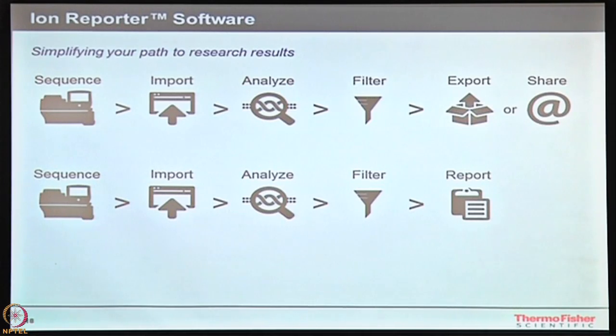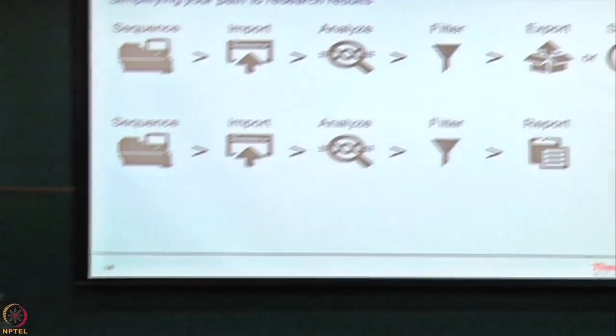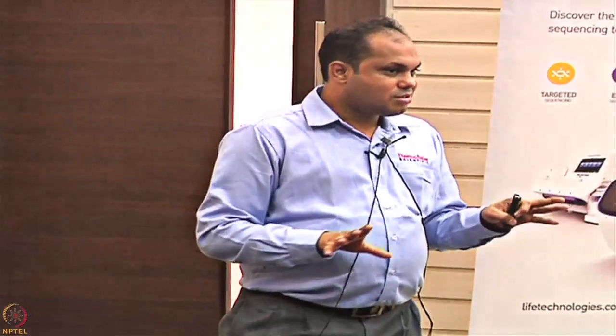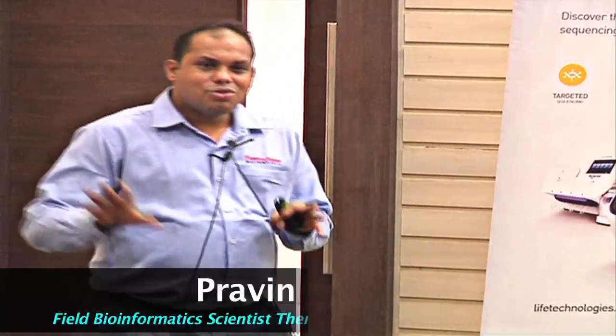You have filters for SIFT, PolyPhen, Grantham, the protein evolution parameters that play an important role over here. You can also look into databases, like the UCSC common SNP databases, which has information on the common SNPs, which are not affecting any of the proteins under any conditions. So you want to filter them out, take them out and keep them separately.